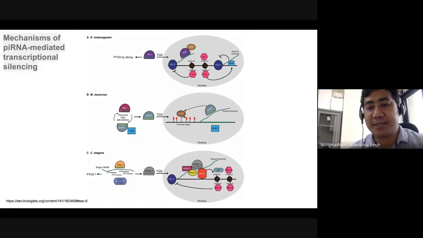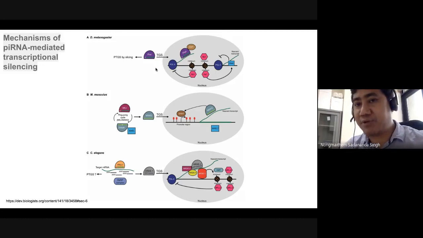It binds to the complementary sequence in the target RNA, and it is cleaved, which down-regulates or degrades the transcript from the transposons or repetitive elements.